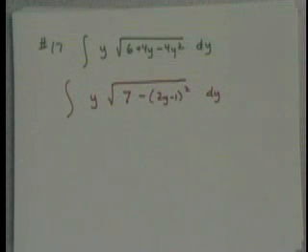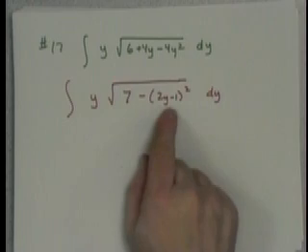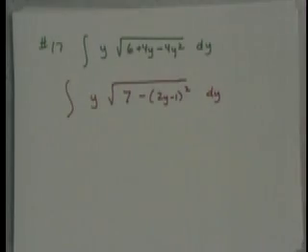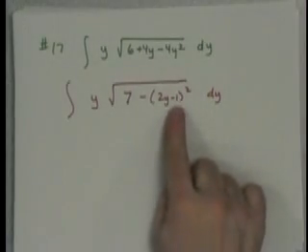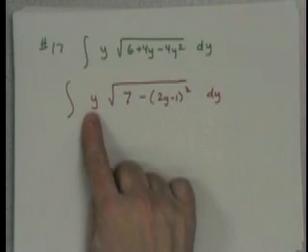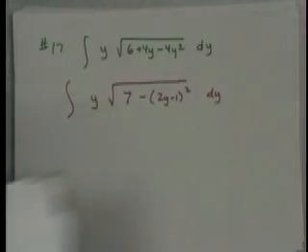Now again, we're going to look. This looks like an a squared minus u squared sort of format, with possibly a u out front here. So I'm going to look in my table of integrals.